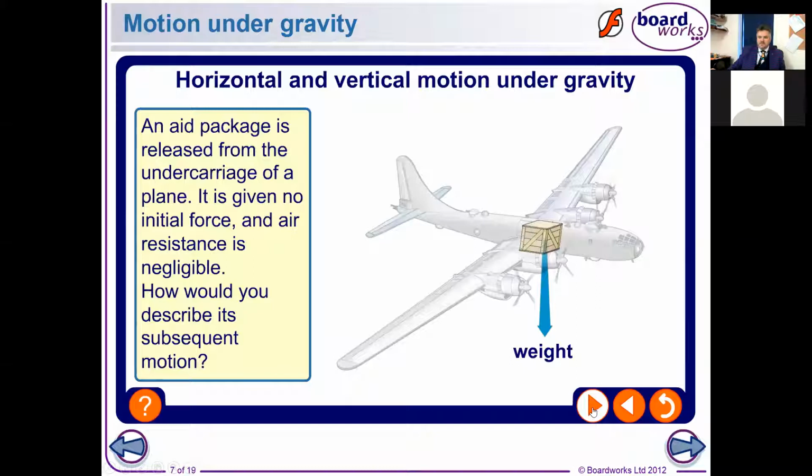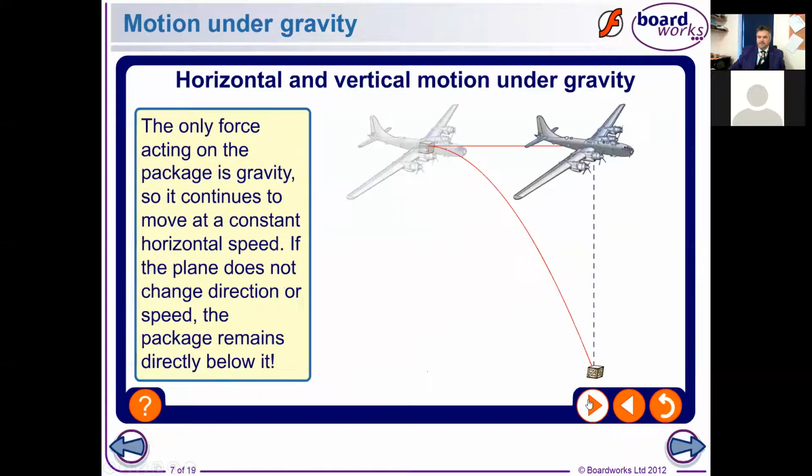So, for example, if you're dropping a crate full of supplies from a plane, if we ignore its air resistance, you know it will accelerate downwards, but its horizontal motion will be constant velocity. So what happens is, as the plane is traveling at constant velocity anyway, the crate also travels with the same constant horizontal velocity, but its vertical velocity increases as it falls.